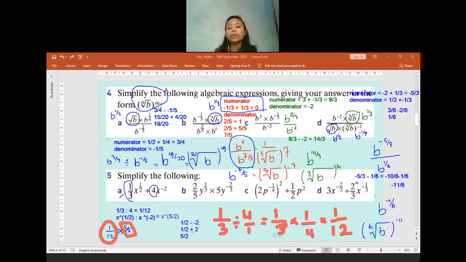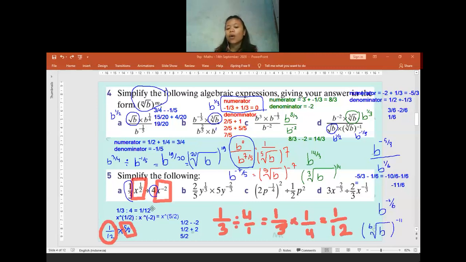I told you we simplify number with number, letter with letter. For the number, we already simplified the 1 per 3 and 4, and we get 1 per 12. Now for the letters, we have x to the power of a half divided by x to the power of negative 2.